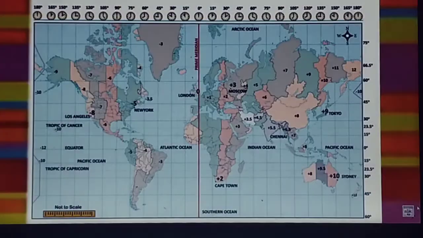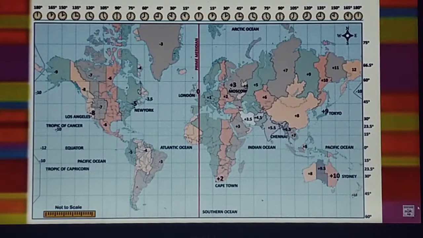Do you know, 0 degrees to 23.5 degrees north and south lines of latitude are called low latitudes. 23.5 degrees to 66.5 degrees north and south lines of latitude are called middle latitudes. 66.5 degrees to 90 degrees north and south lines of latitude are called high latitudes.